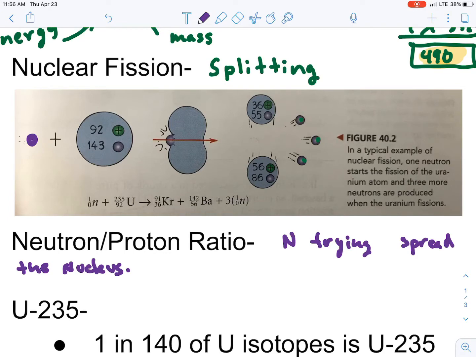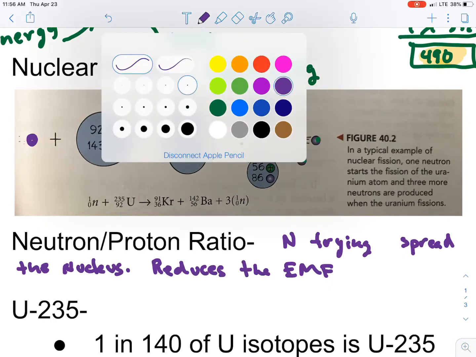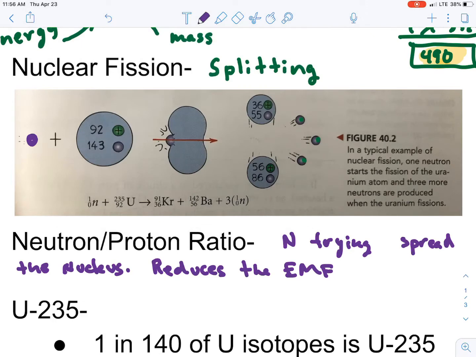And what that does is that reduces the electromagnetic force, right? Because remember, those protons are pushing against each other. They're trying to push each other apart. The neutrons stretch it out, so there's more space there, and there's less force pressing apart.